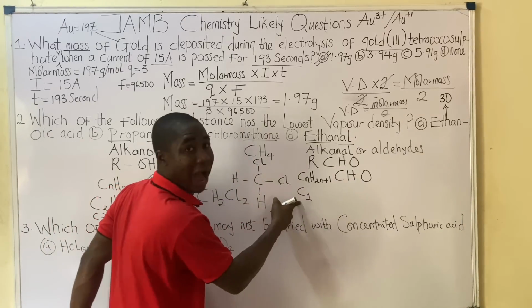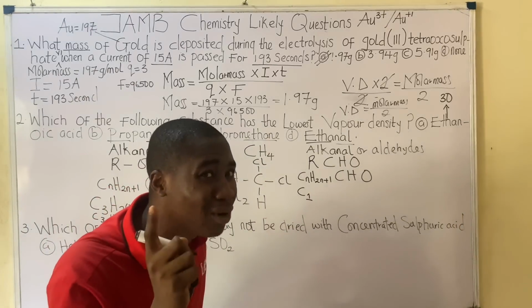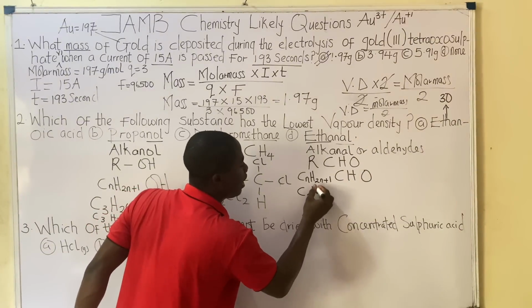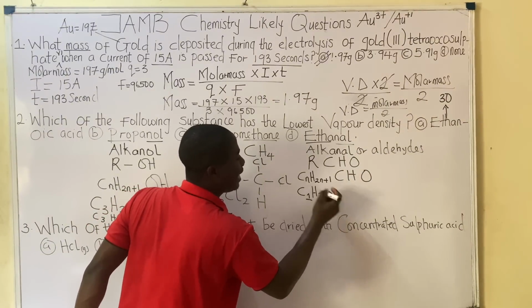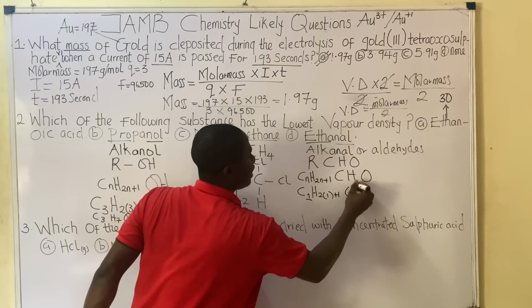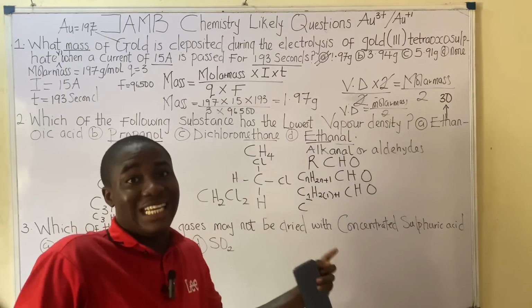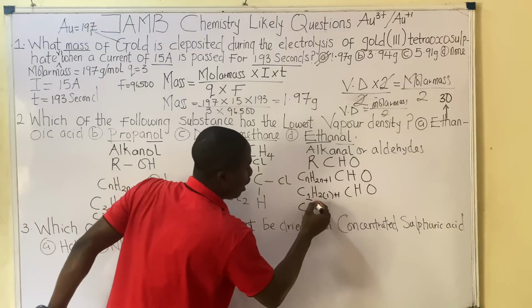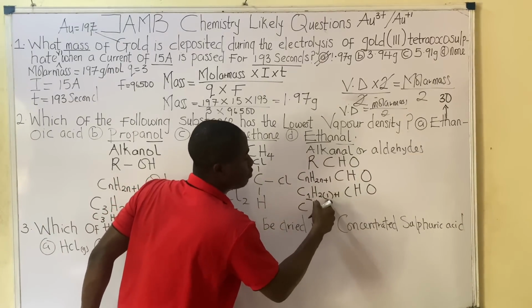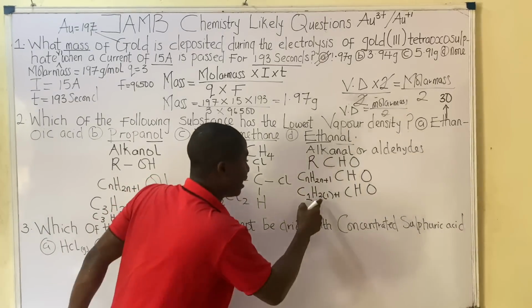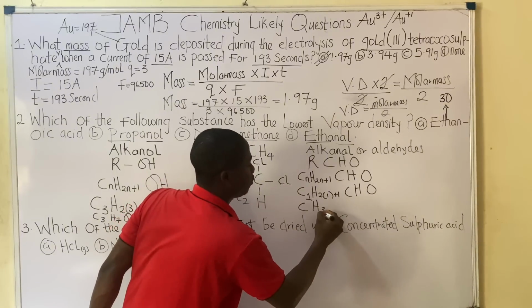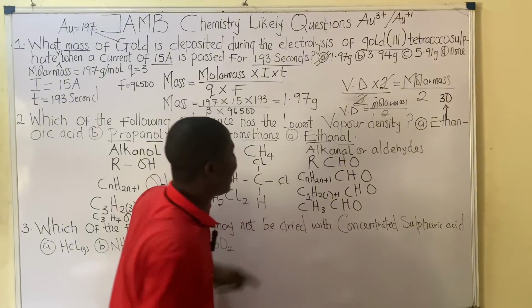N is the number of carbon atoms. So C1H(2 times 1 plus 1)CHO. C1 is the same as C, I've explained that 1 is negligible. H, 2 times 1 is 2, 2 plus 1 is 3. So here becomes C2H3O... CH3CHO.